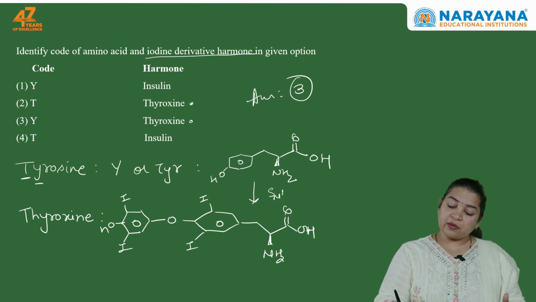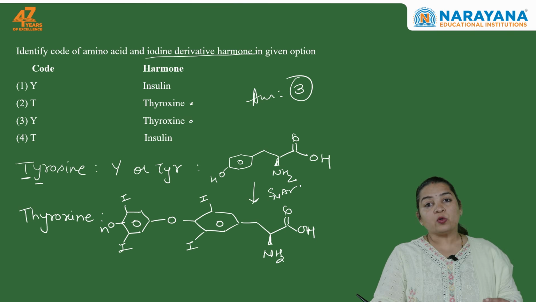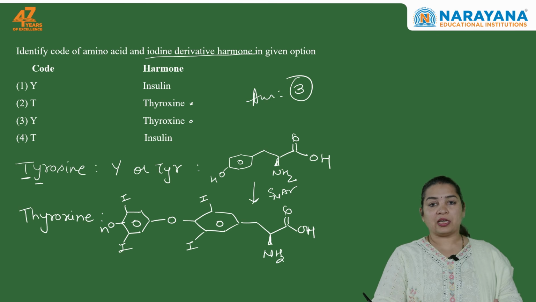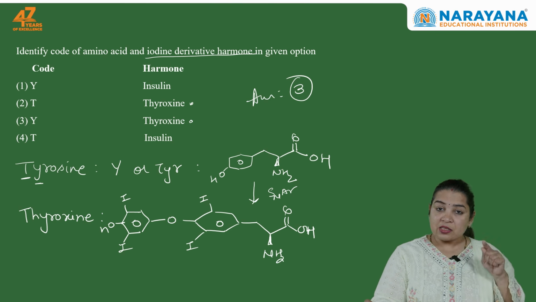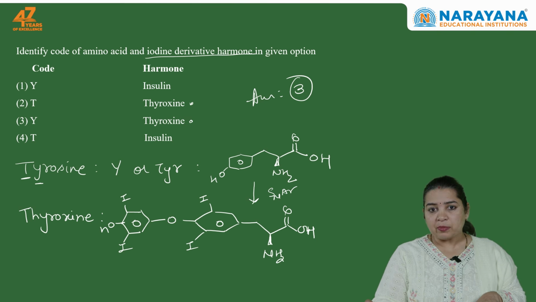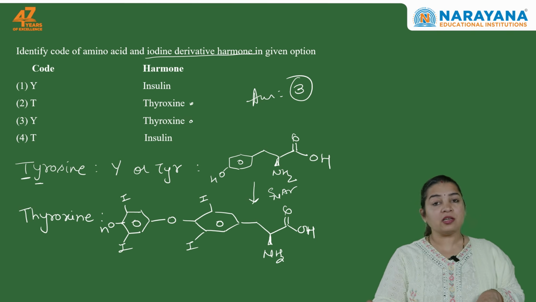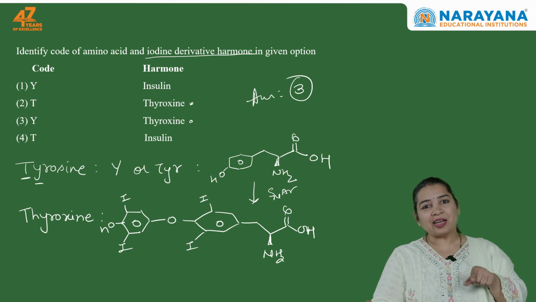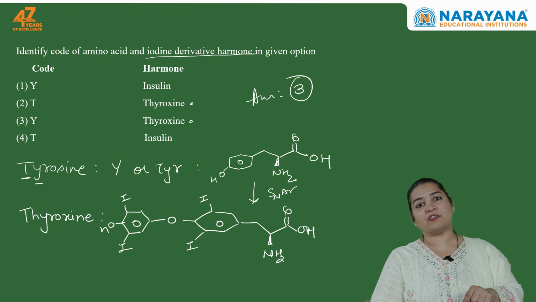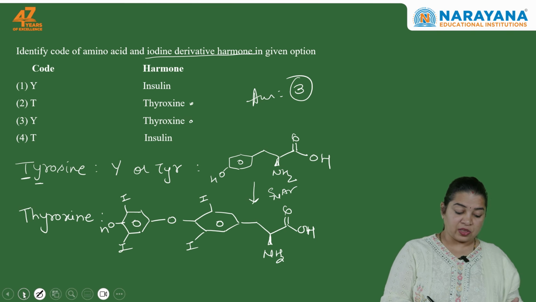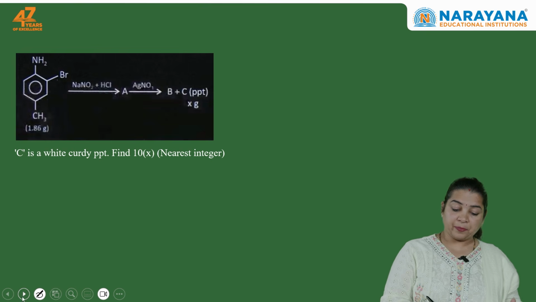Somewhere down the line, SNAr, nucleophilic substitution on the aromatic ring, was used in the process. Then we got this particular structure of thyroxine prepared in the body, and this is why iodine is to be supplemented in our diet to prepare thyroxine. Deficiency of tyrosine will cause thyroxine deficiency and thereby diseases.